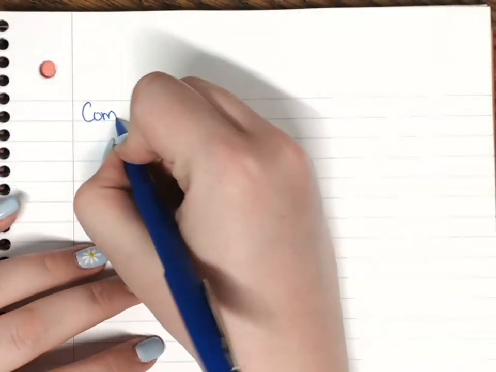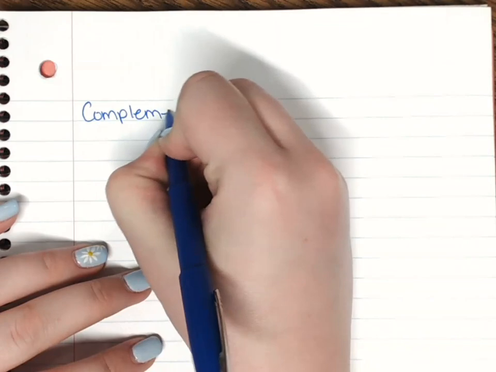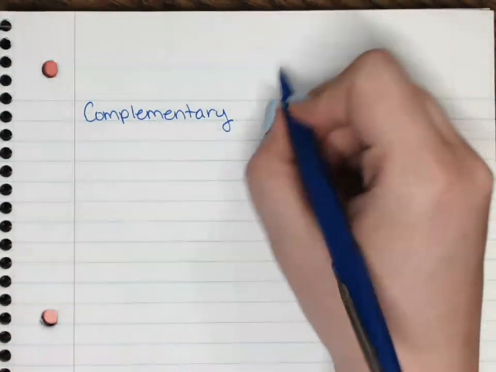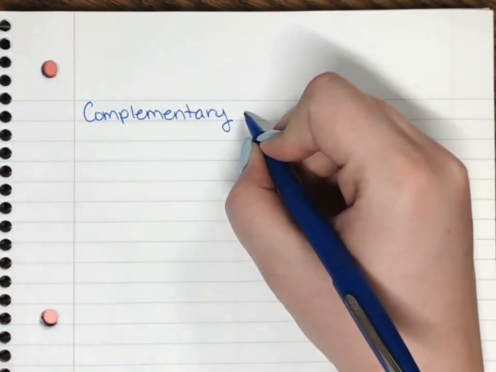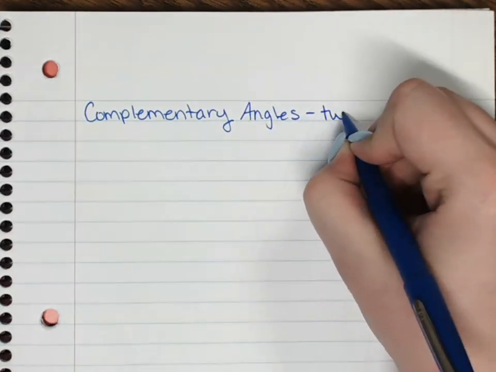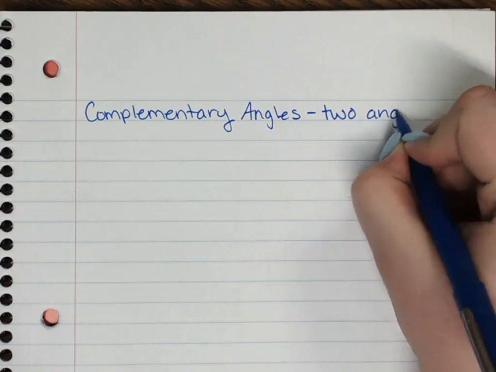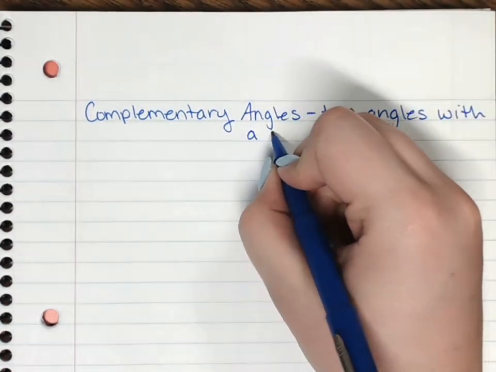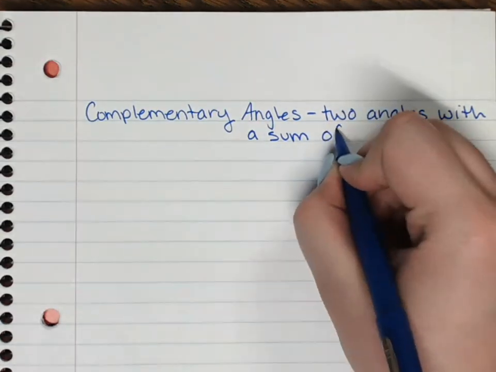Then we have complementary. Feel free to pause the video at any moment to catch up. So complementary angles are two angles with a sum of 90 degrees.